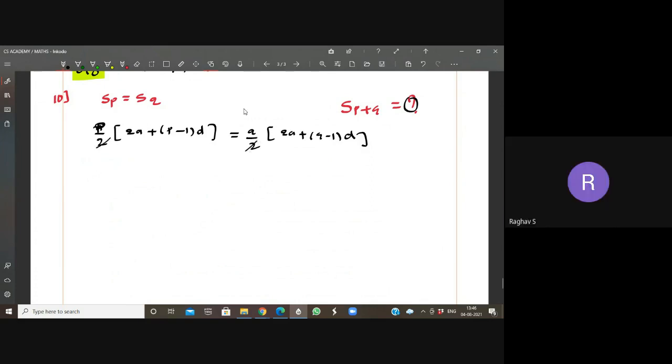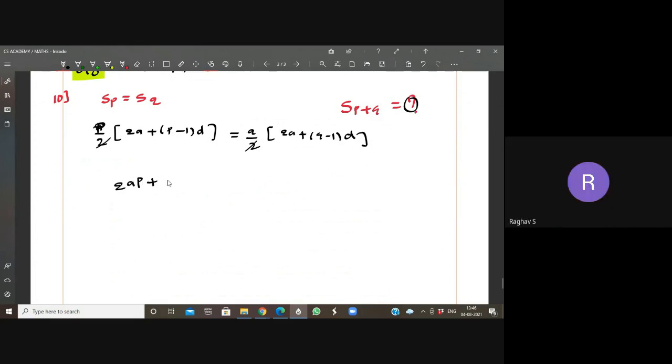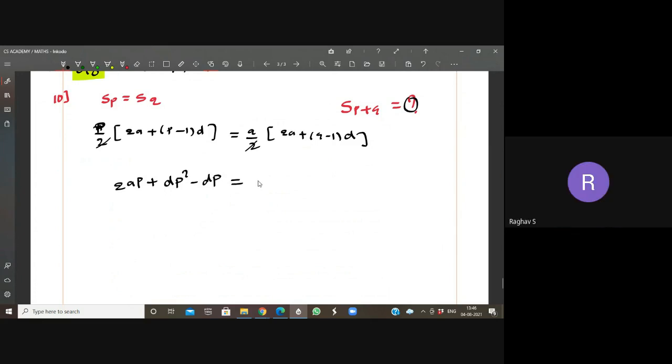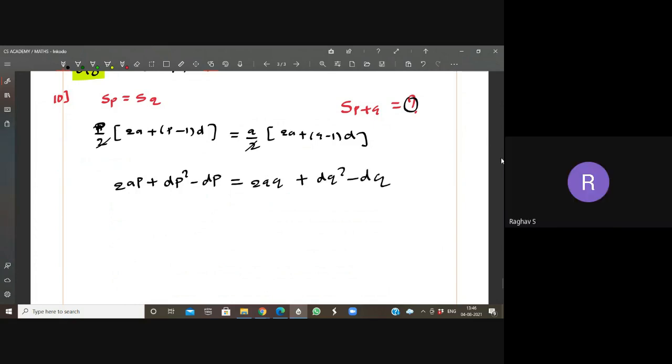We can multiply inside and simplify: 2ap plus dp square minus dp equals 2aq plus dq square minus dq. The square terms alone we will take to the left hand side.